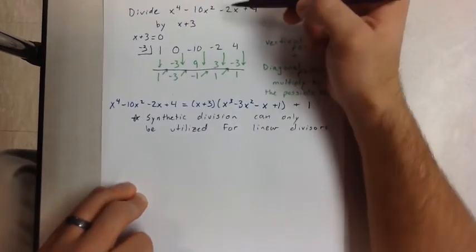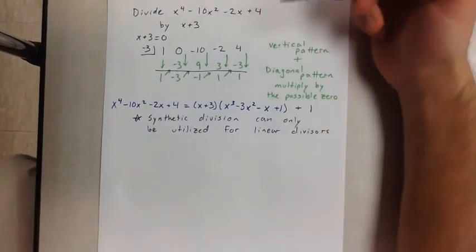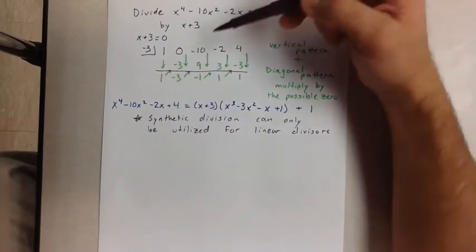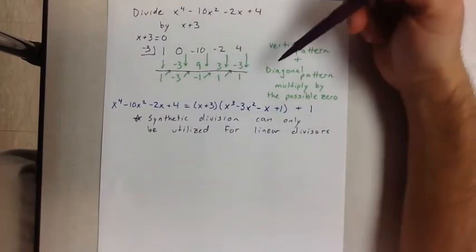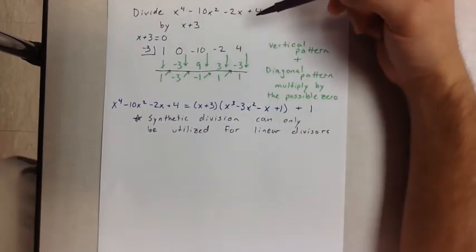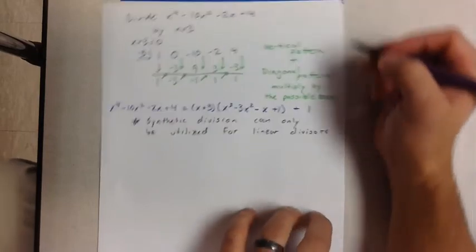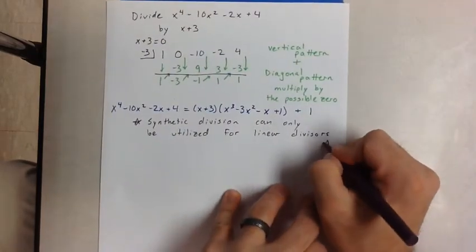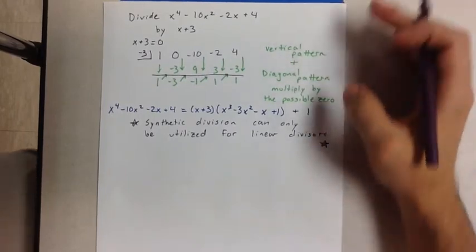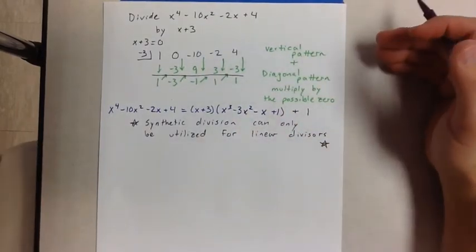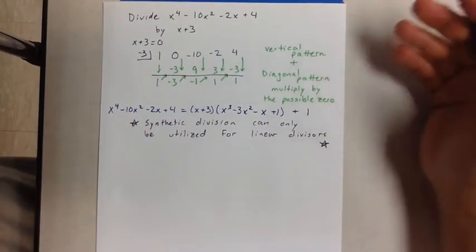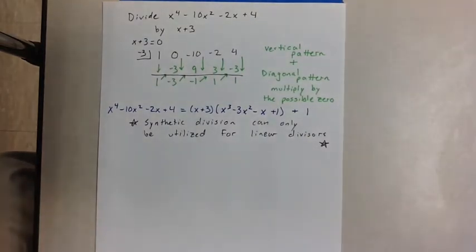So if we were dividing a polynomial by, say, a quadratic or a cubic function, synthetic division would not work. We would have to use long division in that case, which is why some of you might be asking, why didn't we teach this first? It is just because of that. This has a limitation, whereas long division doesn't necessarily have one. It's just more time consuming.